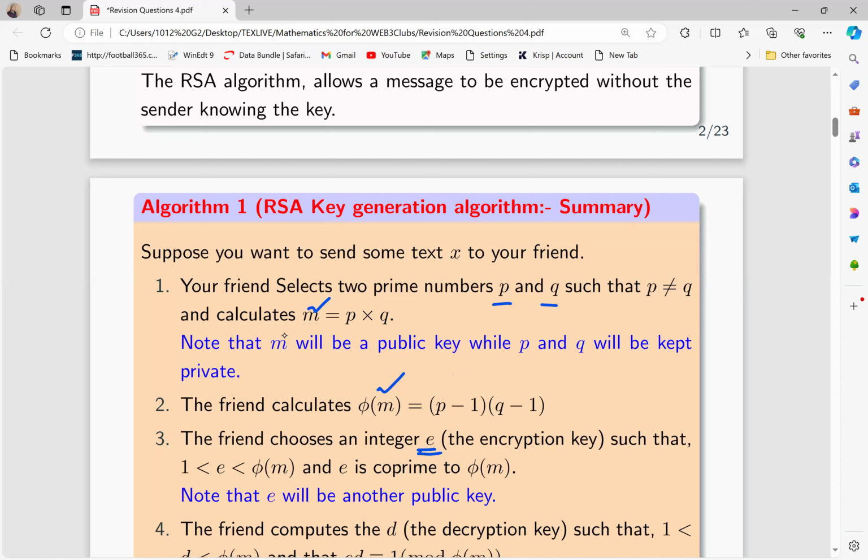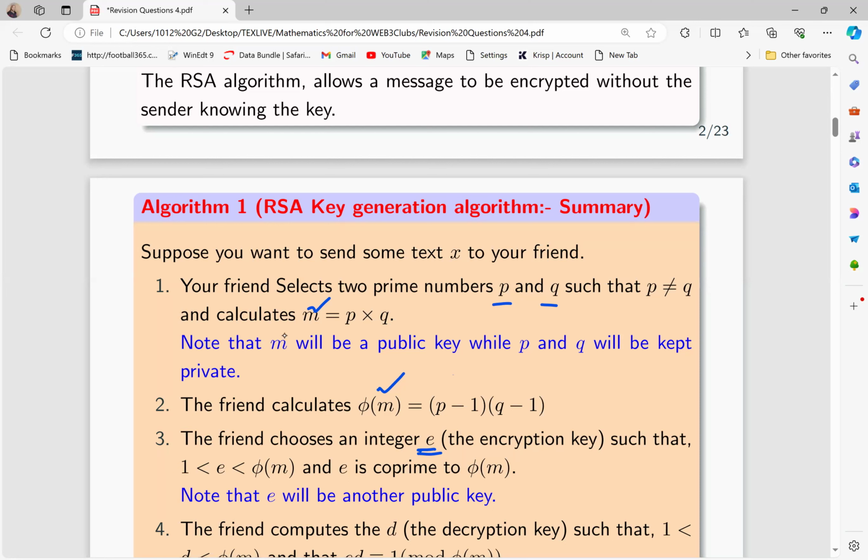So your friend had several things to do. First, he chose two prime numbers. When you are doing this, they should be large prime numbers for the security of RSA. They should not be small prime numbers.